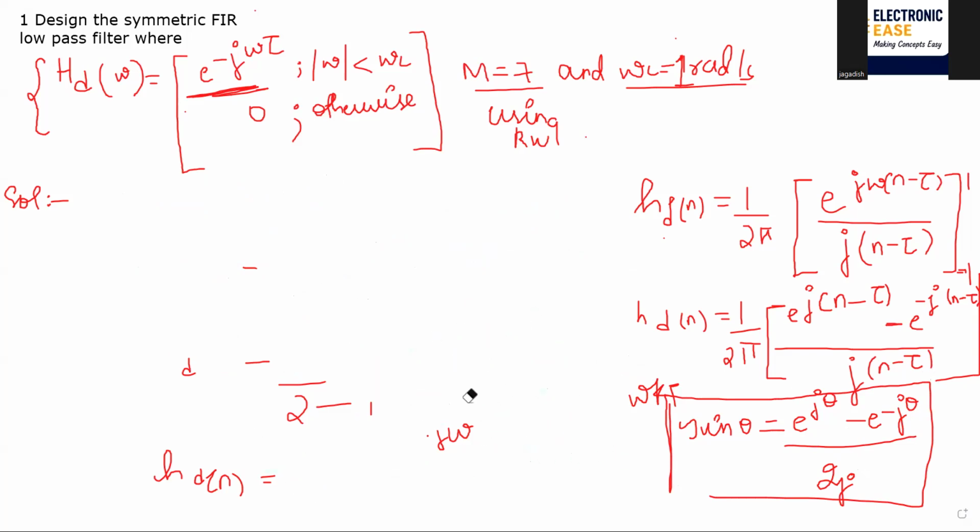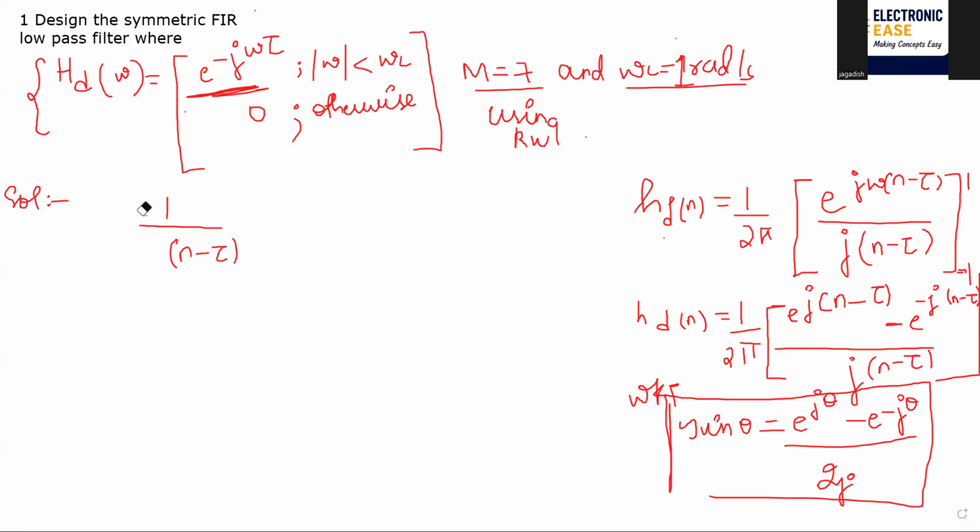To substitute sine theta, we need to arrange the terms based on convenience. So we have e to the power of j into n minus tau minus e to the power of minus j into n minus tau divided by j into n minus tau. So I will be writing 1 divided by, so 2j I need. So 2j will be outside, and I will be taking 2 into n minus tau inside the bracket to convert it into that formula.